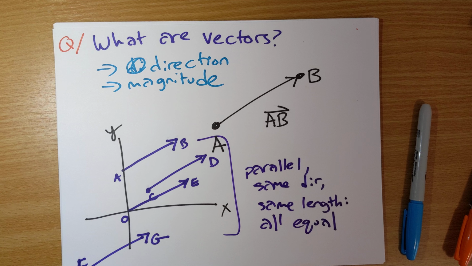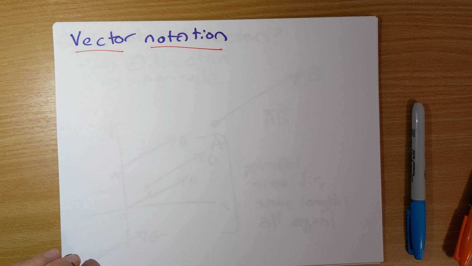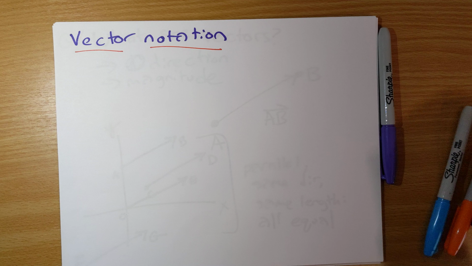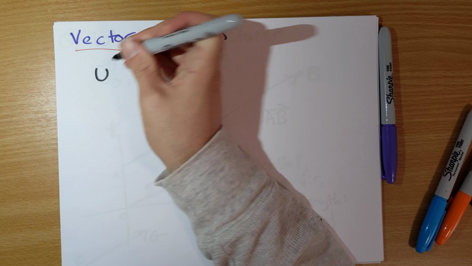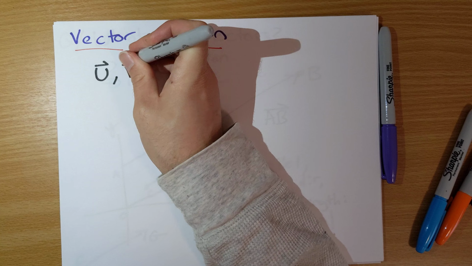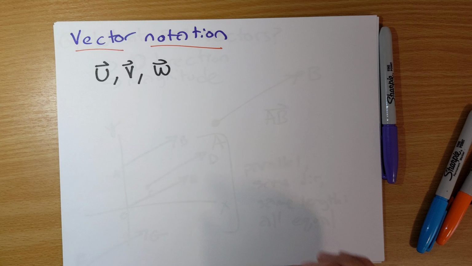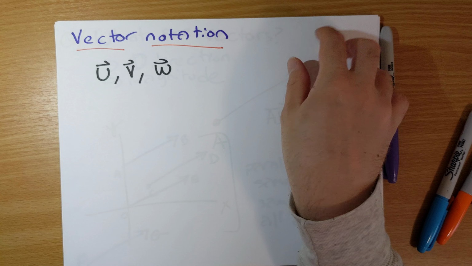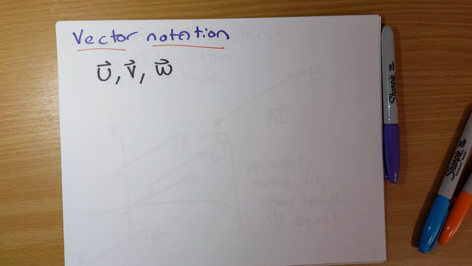Before I say anything else here, let me talk a little bit about vector notation, because this is important. The first thing to realize is that the kinds of letters we tend to use to represent vectors are lowercase letters around U, V, and W, that part of the alphabet. After U, V, W come X, Y, and Z. We usually reserve X, Y, and Z to be letters for coordinate axes.